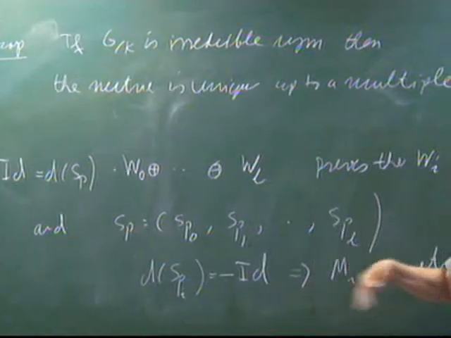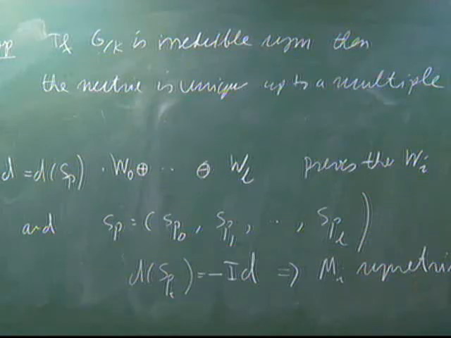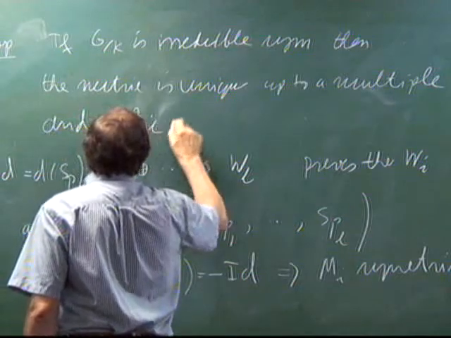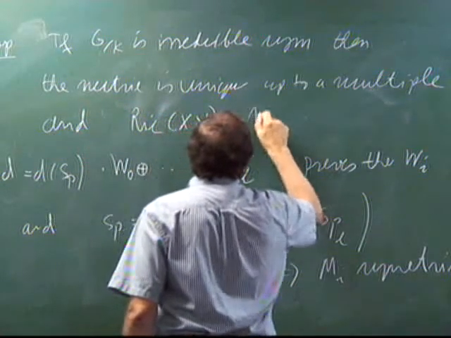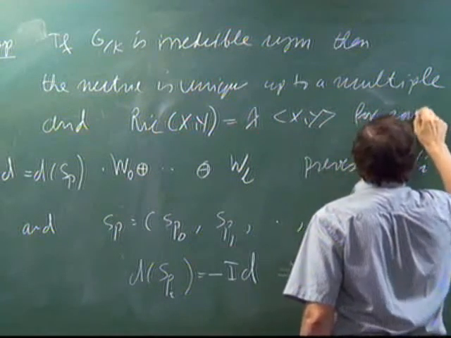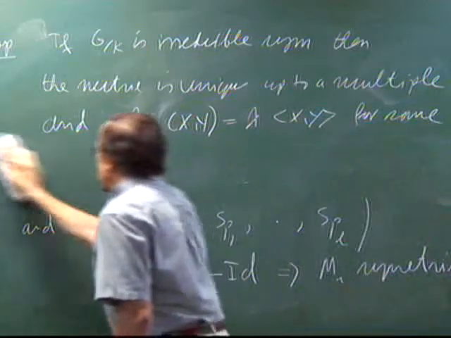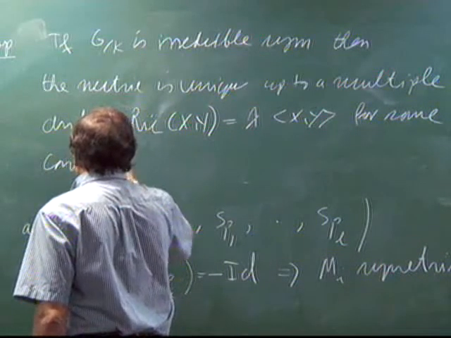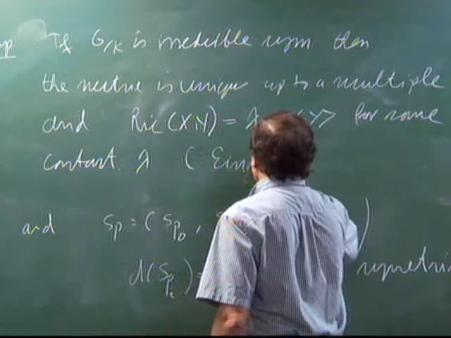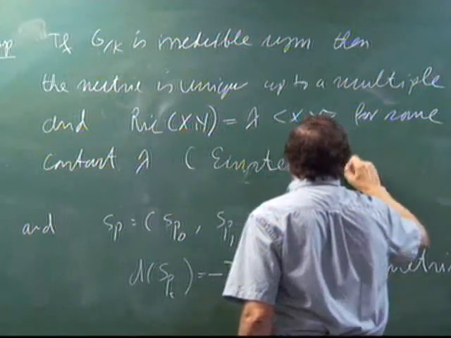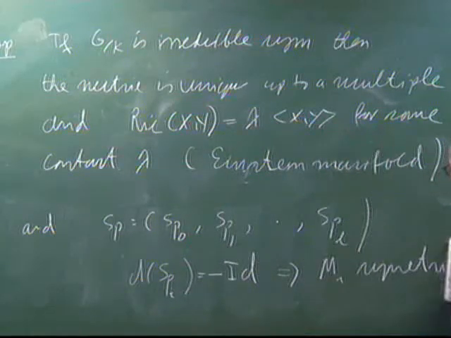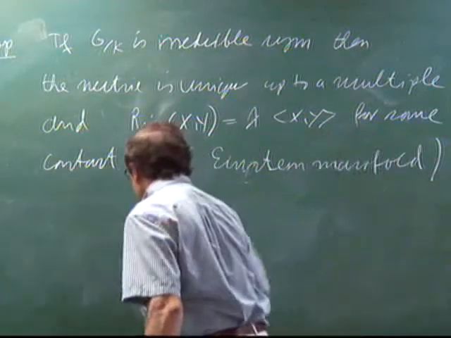Of course, I can take the metric, multiply by a constant, I get another metric, but it's unique up to that trivial change, and the Ricci curvature is constant, for some constant lambda. These are called Einstein manifolds. So these irreducible symmetric spaces are an important example of Einstein manifolds, very natural examples.